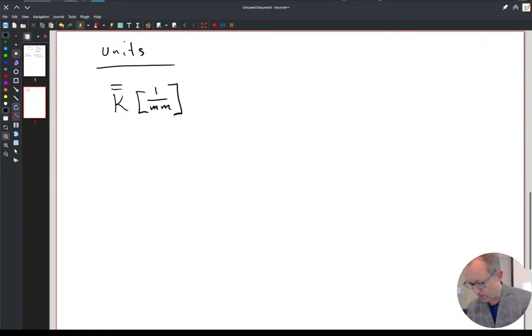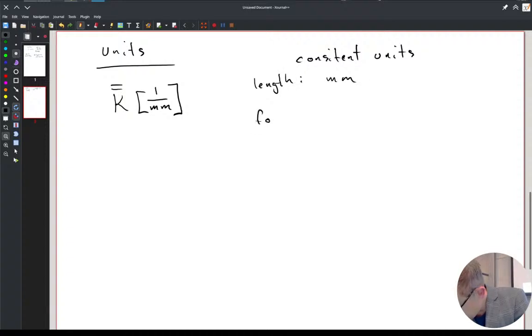So my consistent units are: length is millimeters, force is Newton, and stress and modulus.